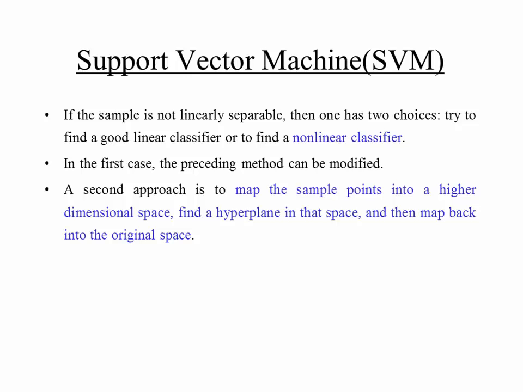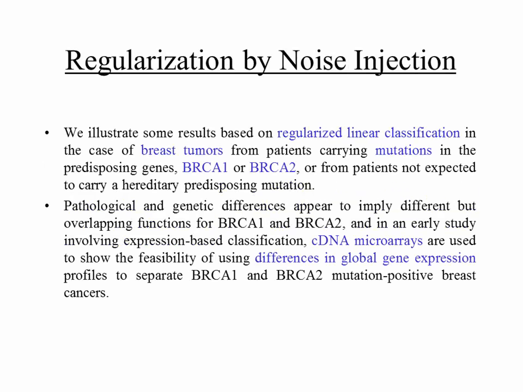And a second approach is you map these points which are not linearly separable into a higher dimensional space, where the image becomes linearly separable. And then you construct a linear classifier, and then you map back to the lower dimensional space. All right, any questions?